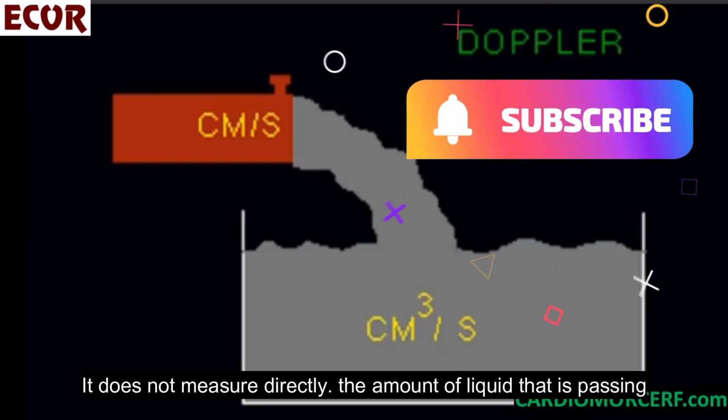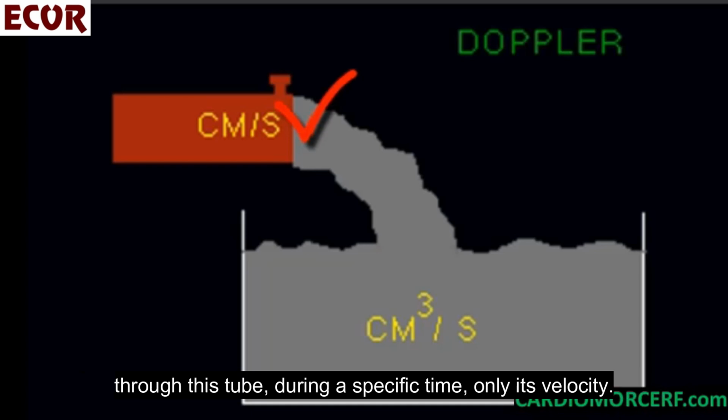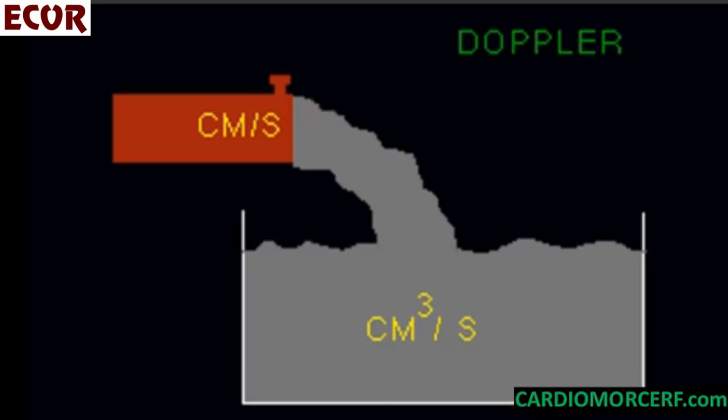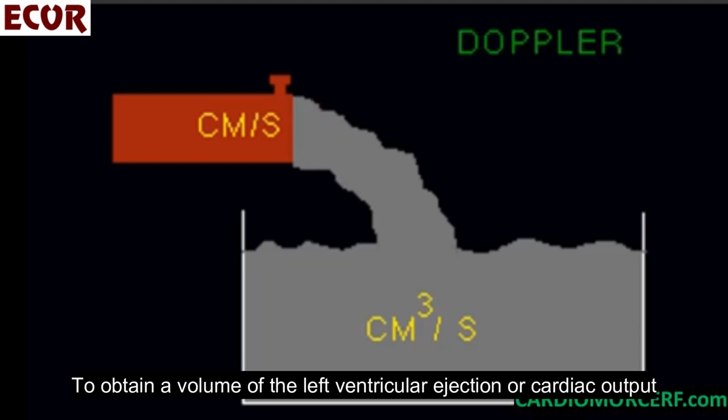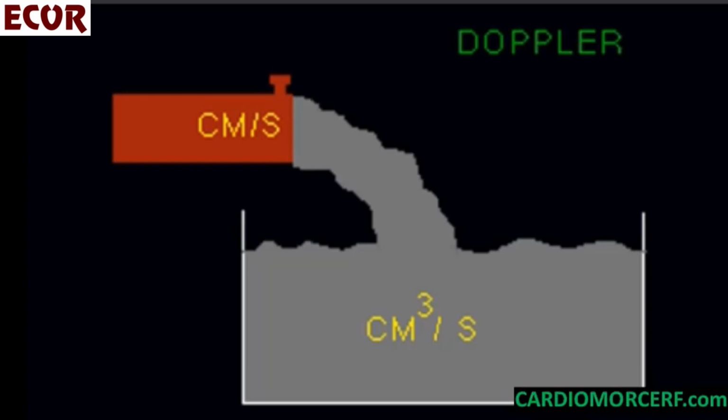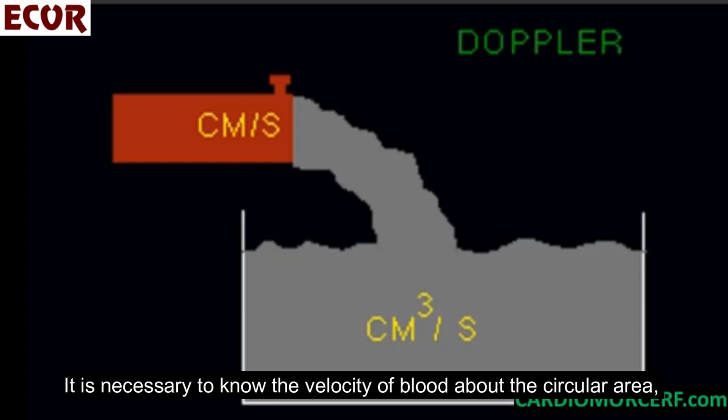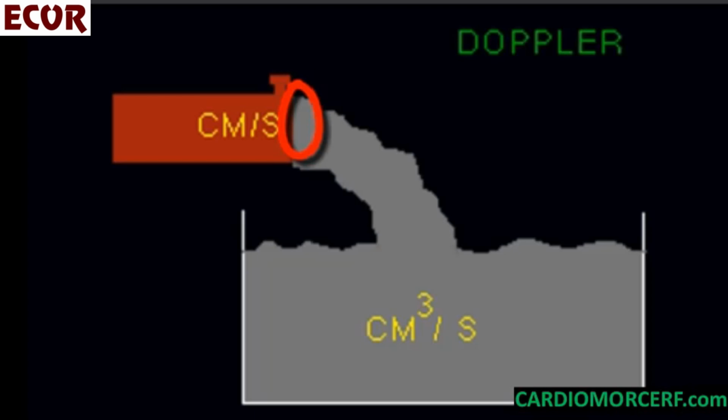It does not measure directly the amount of liquid that is passing through this tube during a specific time, only its velocity. To obtain a volume of the left ventricular ejection or cardiac output, it is necessary to know the velocity of blood and the circular area where it is passing.